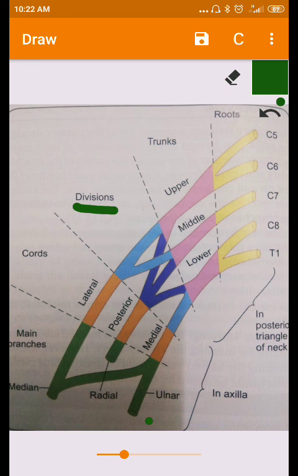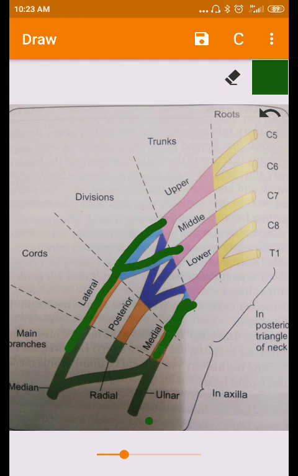All these three posterior divisions of all the trunks fuse, so all these posterior divisions form the posterior cord. Next, the anterior division of the upper trunk and the anterior division of the middle trunk form the lateral cord, and the medial cord is formed by only the anterior division of the lower trunk.